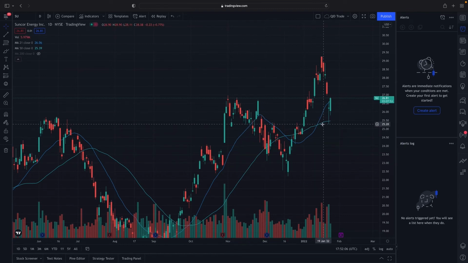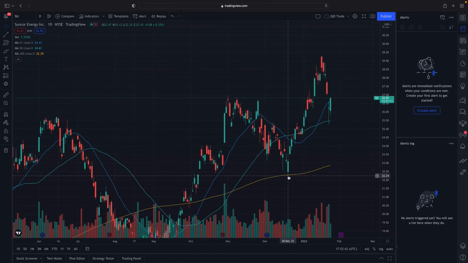For this particular stock, we see that it just broke the 50 moving average support line, and then it closed above it the next day. So it did break through the 50 moving average for that particular day. And then when you look at the 200-day moving average, it broke support on, let's see, this was December 20th.